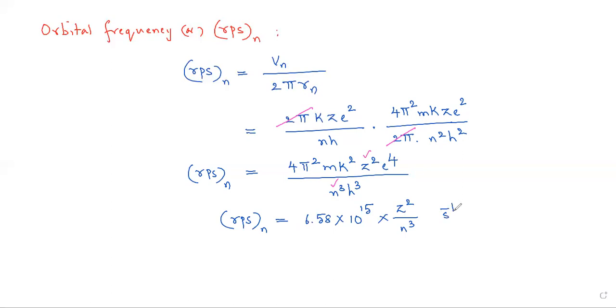So this is the final expression. These two are very important. This is about orbital frequency or revolutions per second in nth orbit.